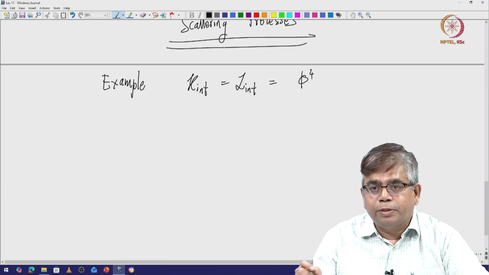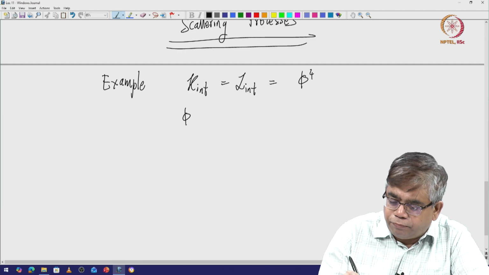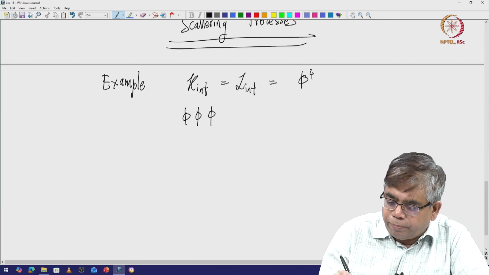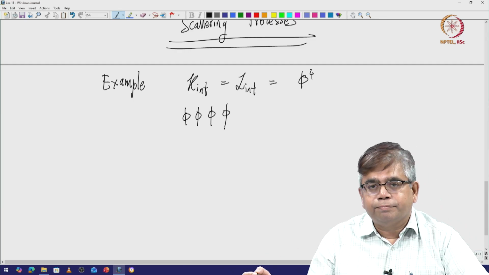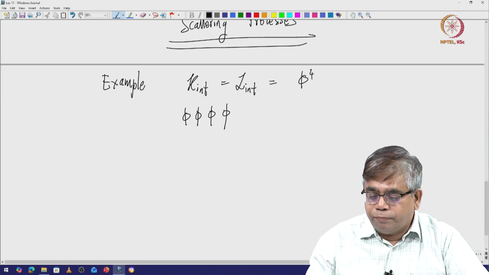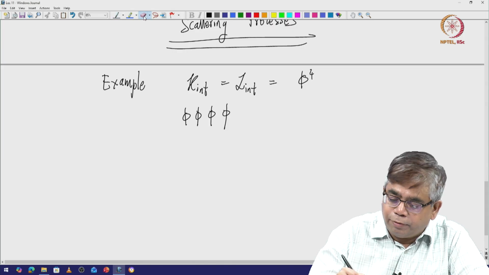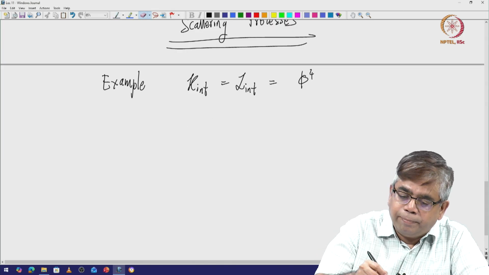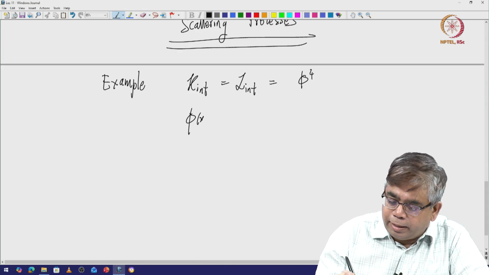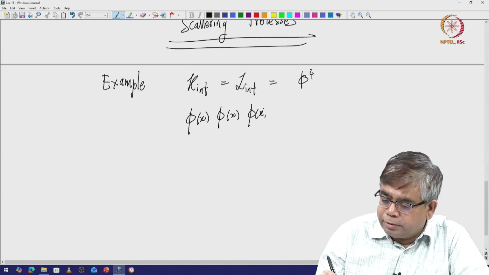So there are four fields, phi, phi, phi, phi, each at the same space-time point. That's how you define your interaction: phi at x, phi at x, phi at x.